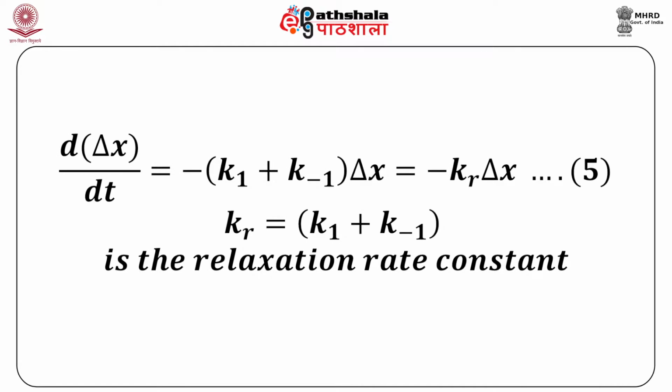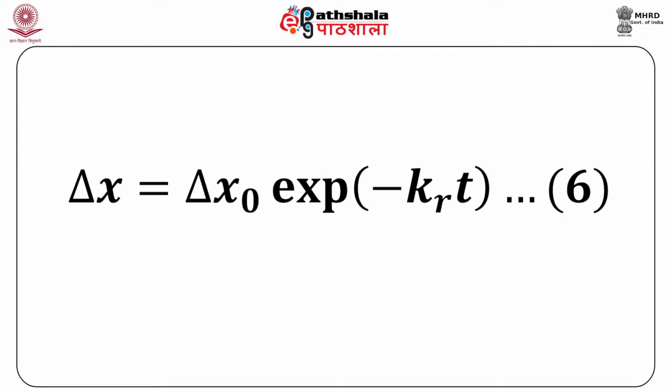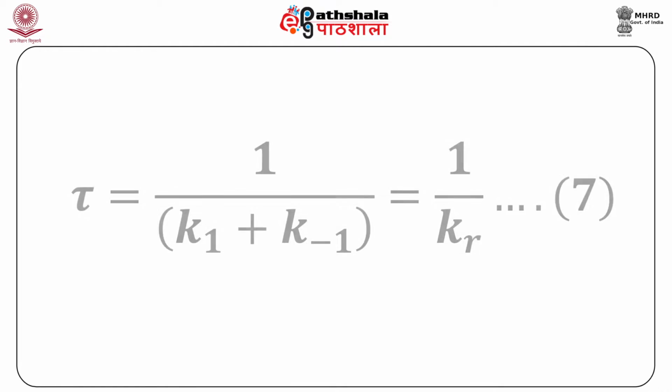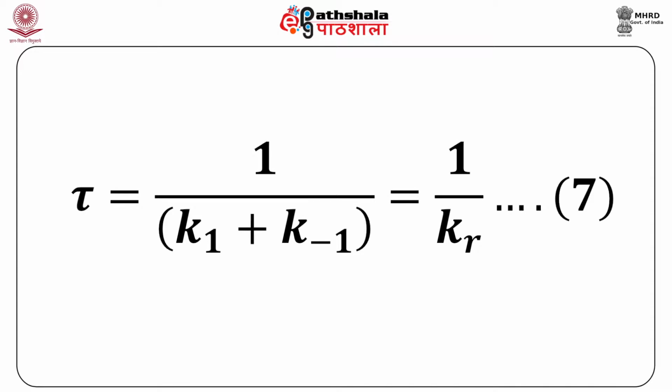Equation 5 can be integrated to give delta x equals delta x naught exponential minus Kr into t. The reciprocal of Kr is called the relaxation time tau, which equals 1 upon the sum of K1 plus K minus 1, which equals 1 upon Kr.